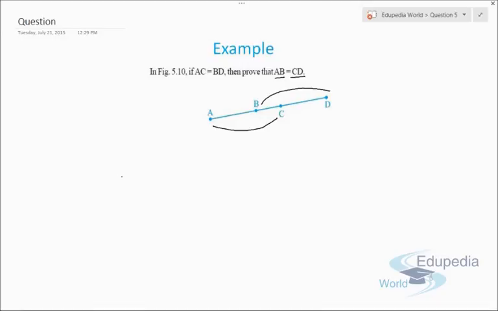So how can we prove that? First, it's given AC equals BD. Now AC can be written as AB plus BC. Why? Because point B is in between AC.